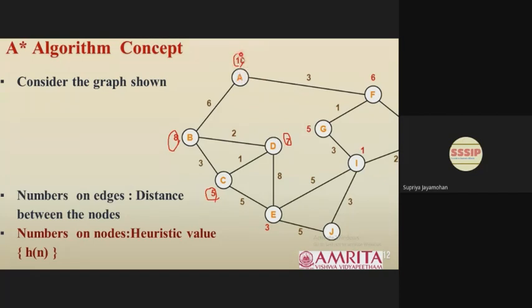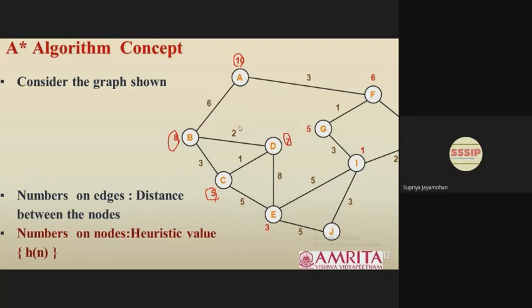So this is where I mentioned this is going to be your heuristic value, or it is going to be the priority with which you are going to take a particular node. So can I say that if I have a choice from A to B to F, the priority I have given for B is more than F based on the heuristic value that I have given. But of course, it will also be based on the distance, because here you will see the distance is more. So naturally, the value is also going to be more.